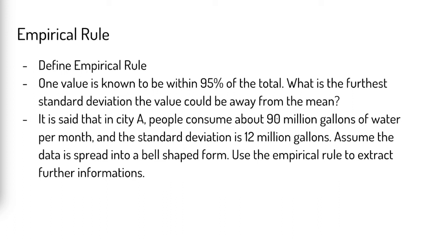And lastly, people who consume from 44 million gallons of water to 126 million gallons of water are 99.7% of the total population. That is the answer. And we have ended review part 2. Congratulations!